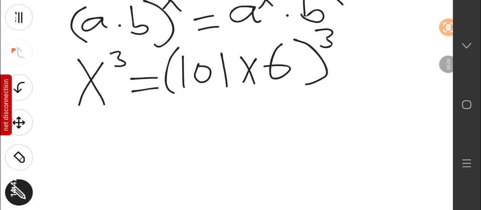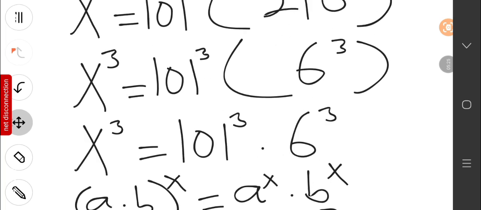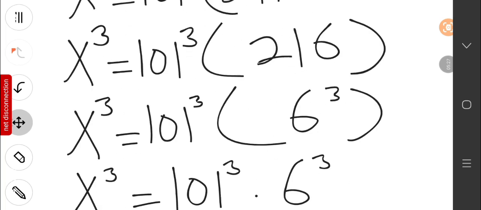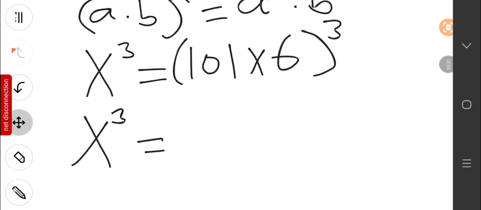All right, so you're going to have s cubed equals 101 times 6, cubed. Now let's check and see. So you have 101 times 6.